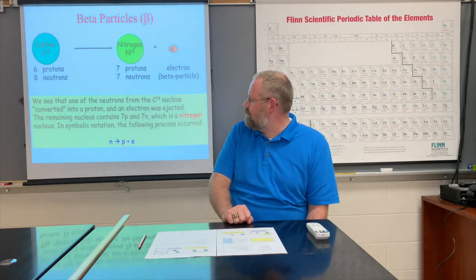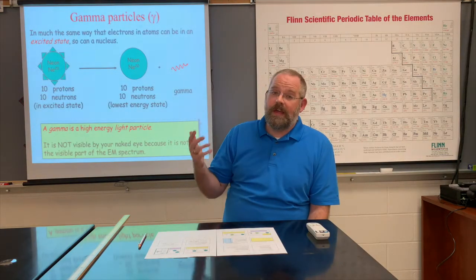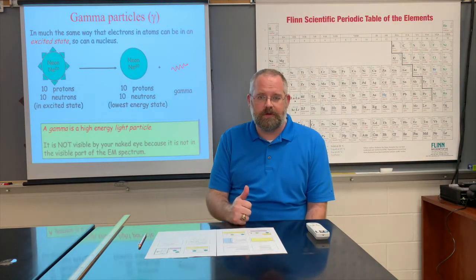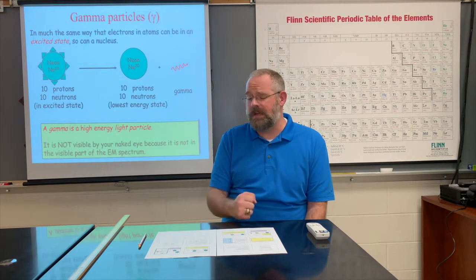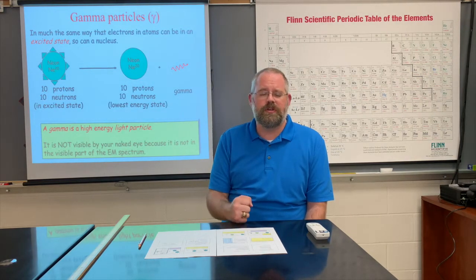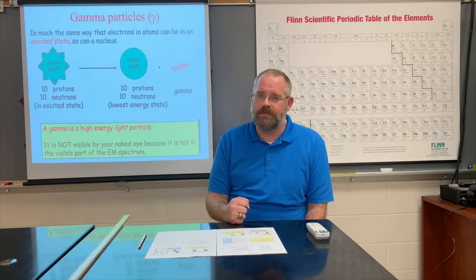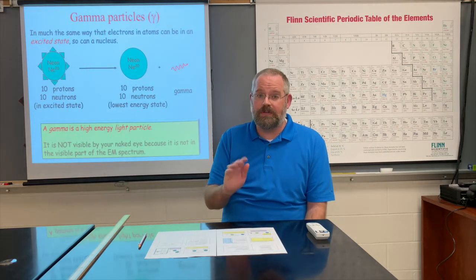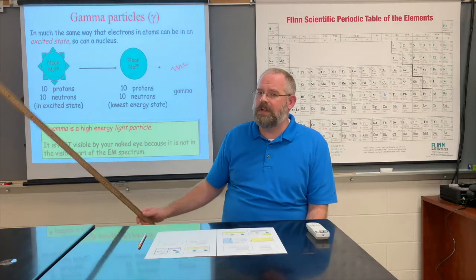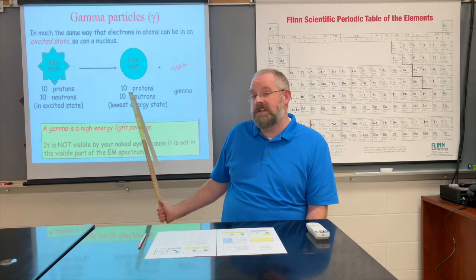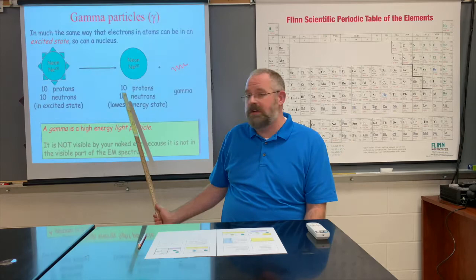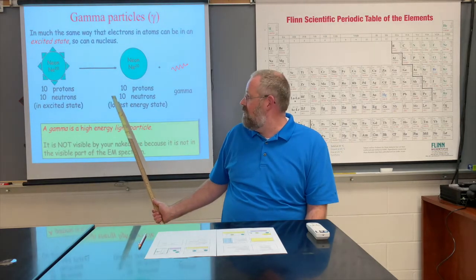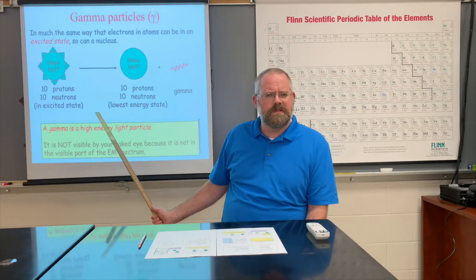All right. So next is gamma radiation, and gamma radiation is extremely high powered energy. The reason why it's so powerful, I'll show you in a second. If you look at this, I've got 10 protons turning to 10 protons, 10 neutrons turning to 10 neutrons, and that's the same.